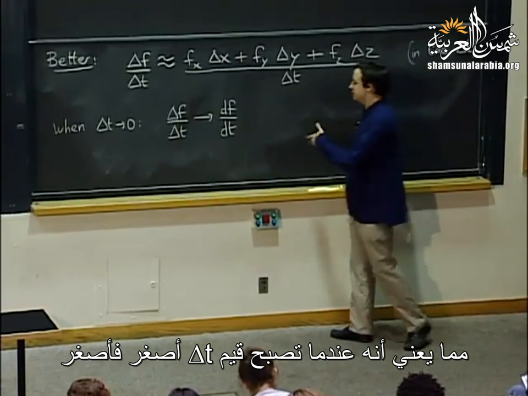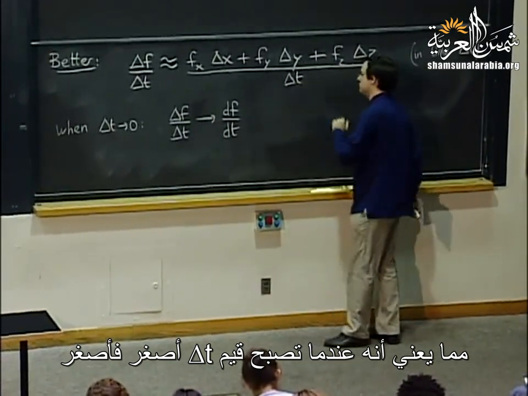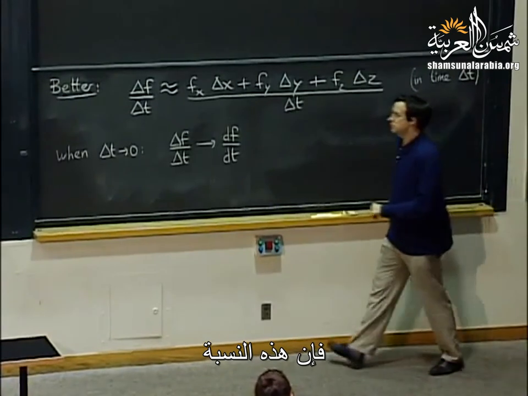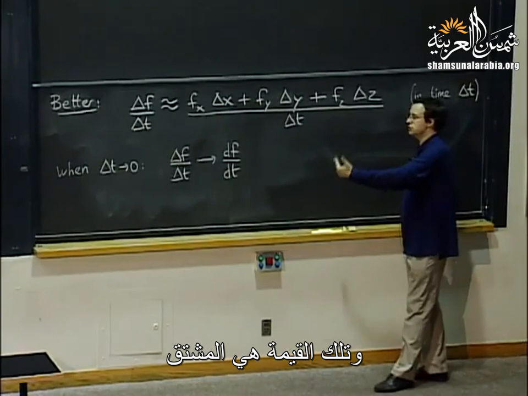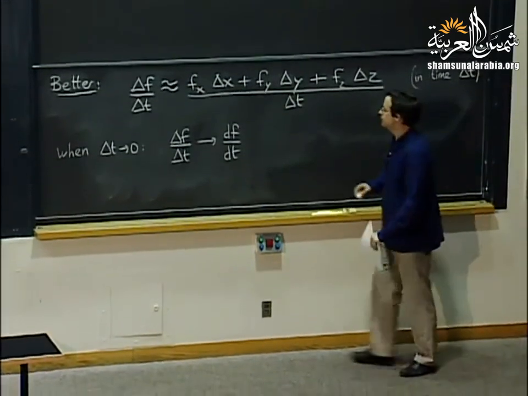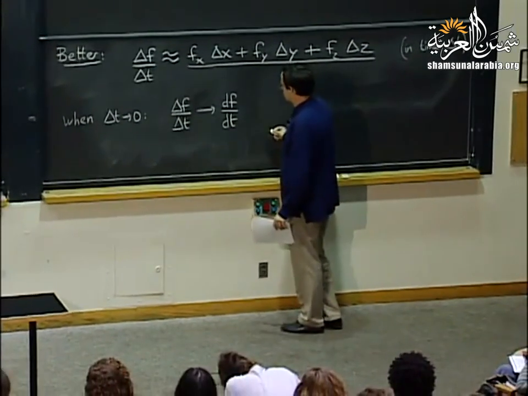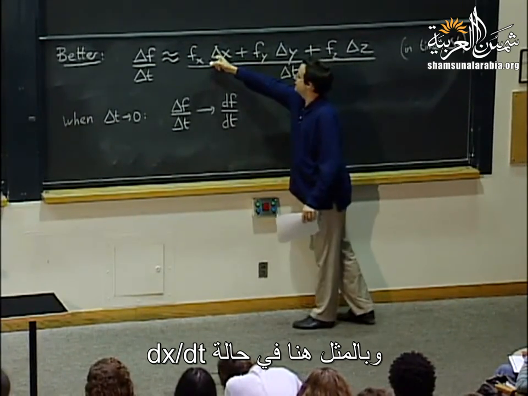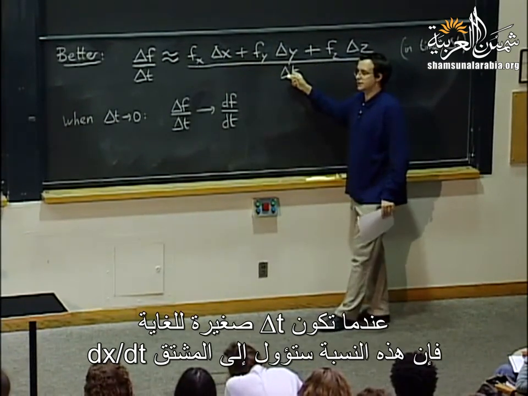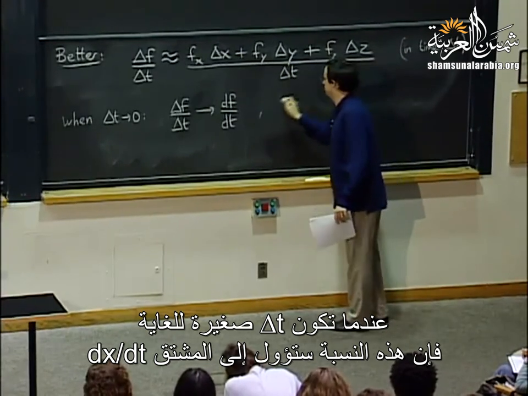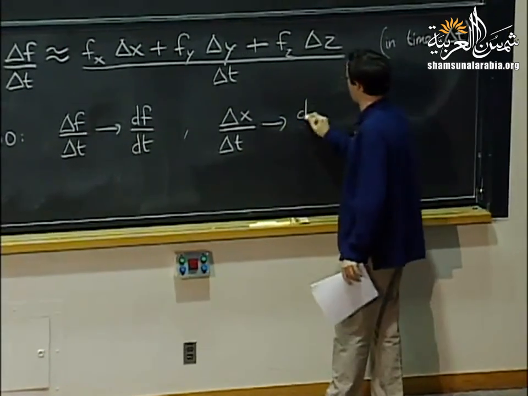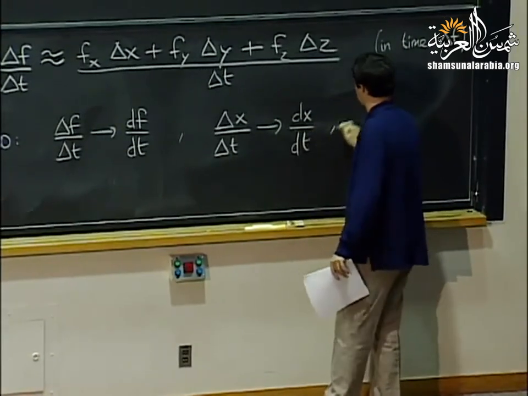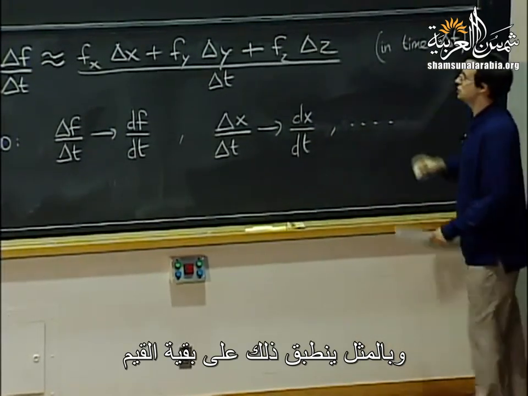So that means if I choose smaller and smaller values of delta t, then these ratios of numbers will tend to some value, and that value is the derivative. Similarly, here, delta x over delta t, when delta t is really small, will tend to the derivative dx dt. And similarly for the others.